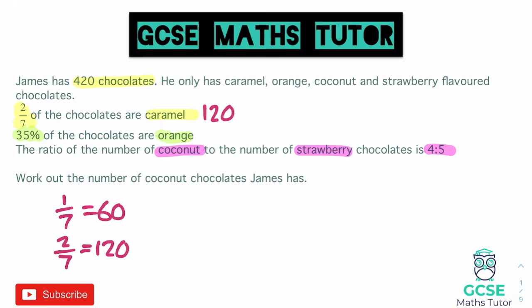To get 35%, again, if we assume that we don't have a calculator for this, we'll work out 10% and use our non-calculator method. So 10% is going to be 42, and 5%, which is half of that, is going to be 21. So in order to get 35%, we're going to want 3 of the 42s, that takes us to 30%, and then we'll add the 21. So completely up to you how you do that.